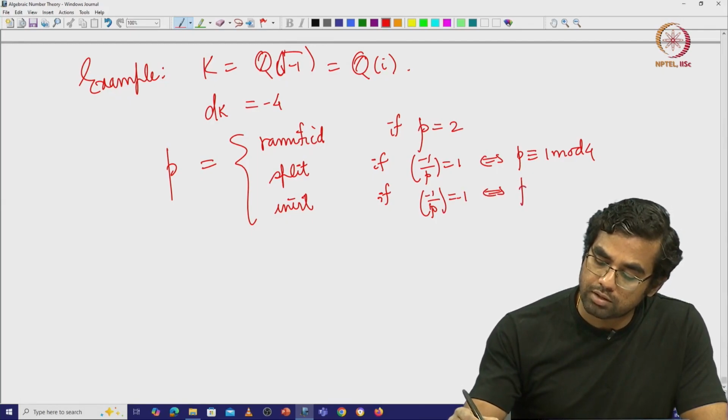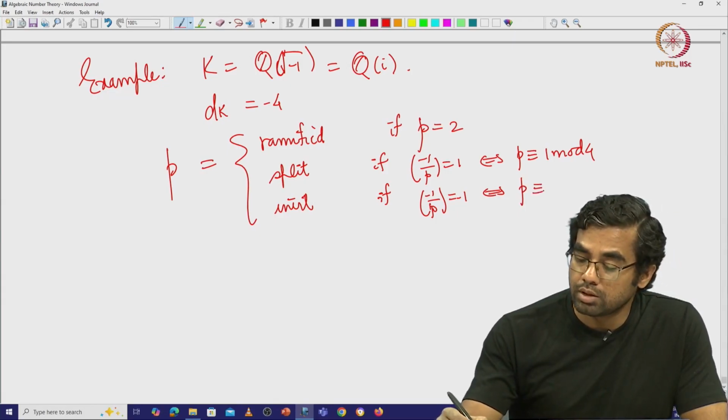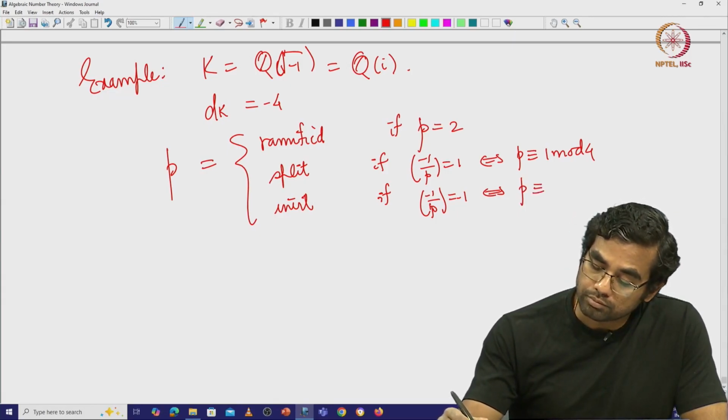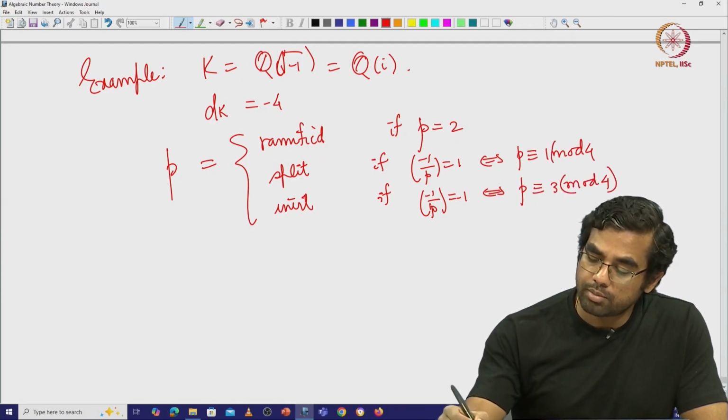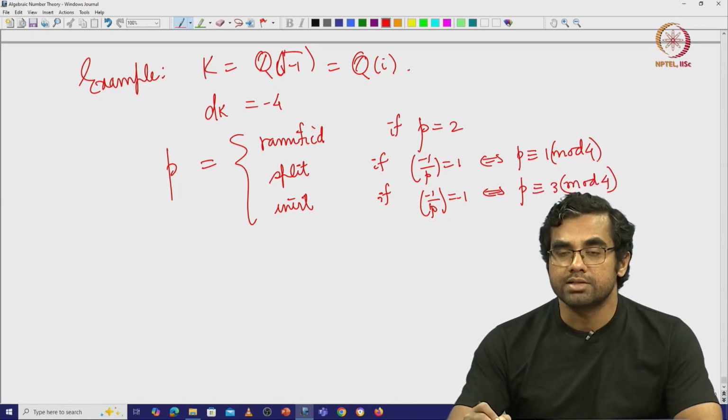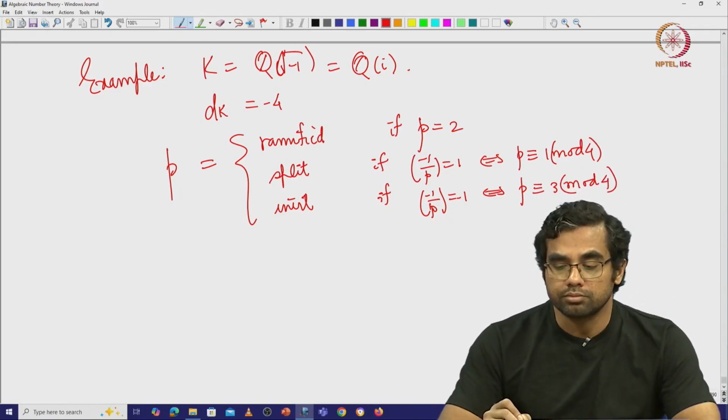This is if and only if P is congruent to 3 mod 4.